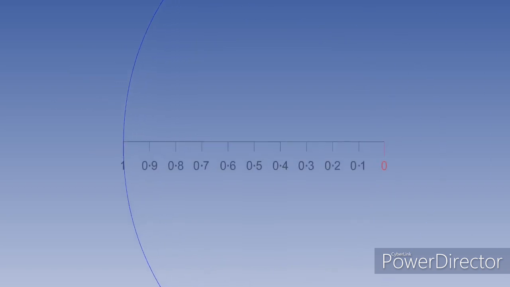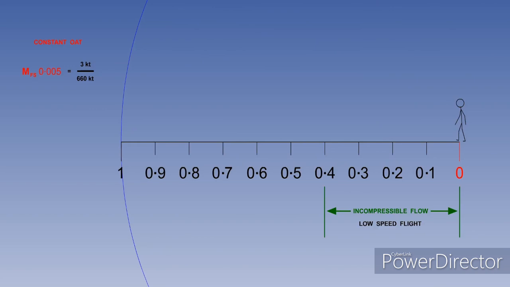Anything that is moving will have a Mach number. A person walking will be travelling at Mach 0.005, firmly in the low-speed flight region, where we don't need to worry about how close we are to the leading pressure wave. A training plane cruises at about Mach 0.14. A light twin at Mach 0.3.